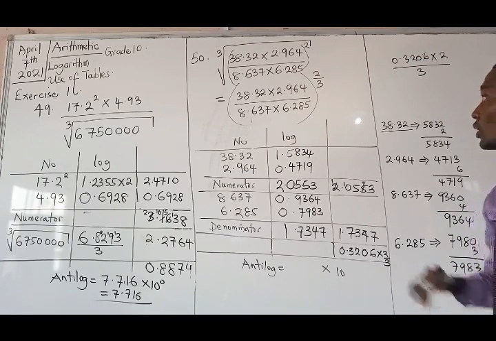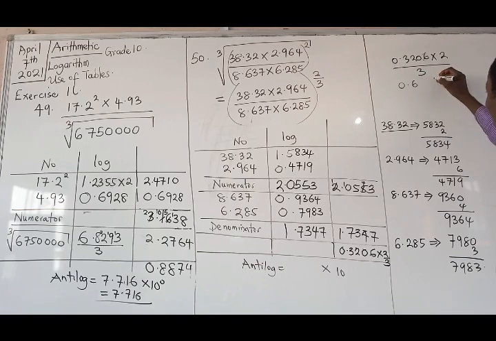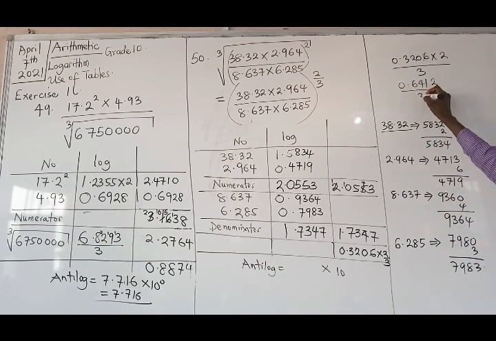Now, you multiply this, it will give me 0.6, the last digit will be 2, 1, that will be 4. So that will be 0.6412, and then I divide by 3, and that will give me 0.2, 1, 3, 7.